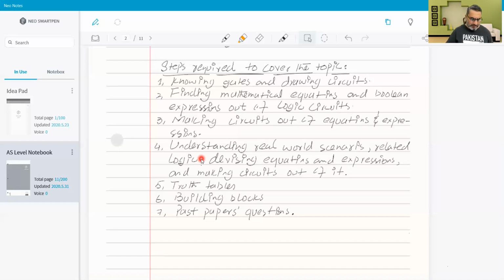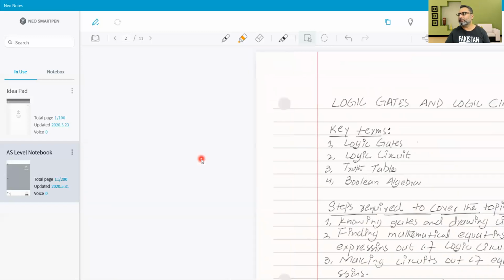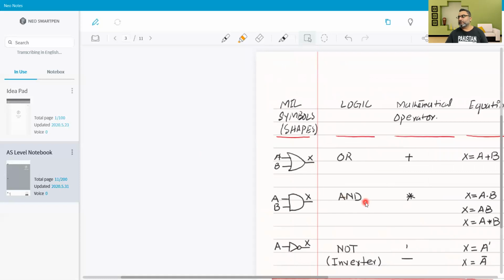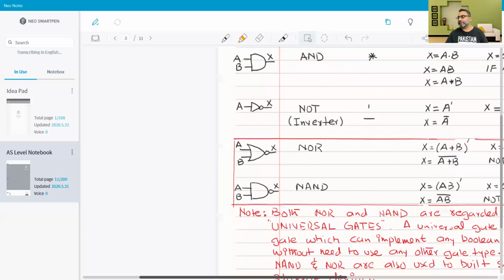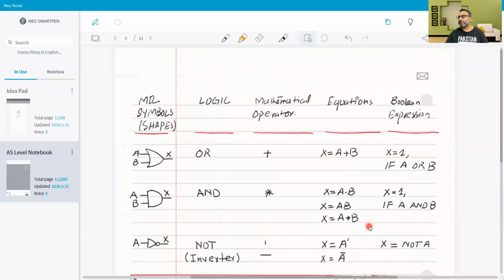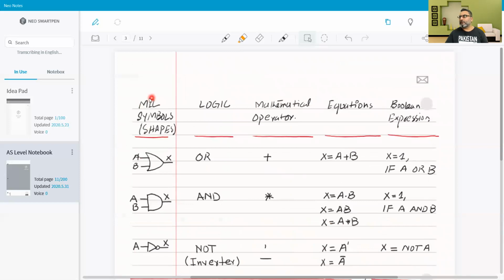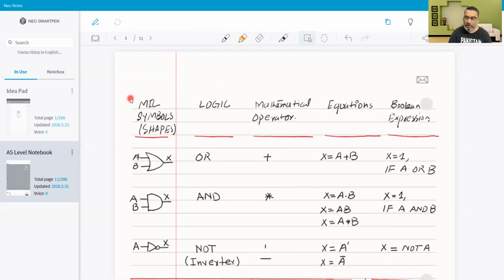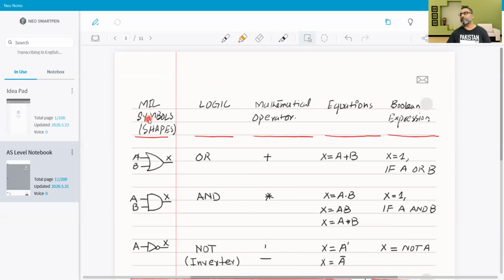First of all, let us start with symbols themselves. We call these symbols military symbols. Why do we call them MIL symbols or military symbols?